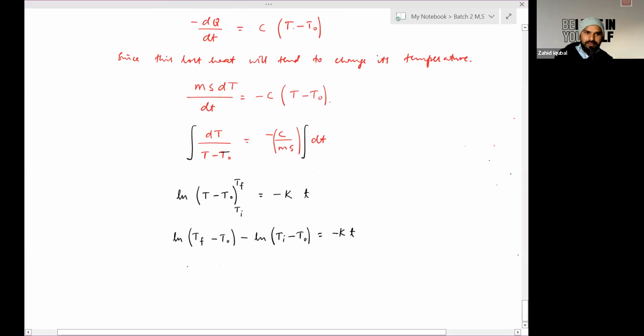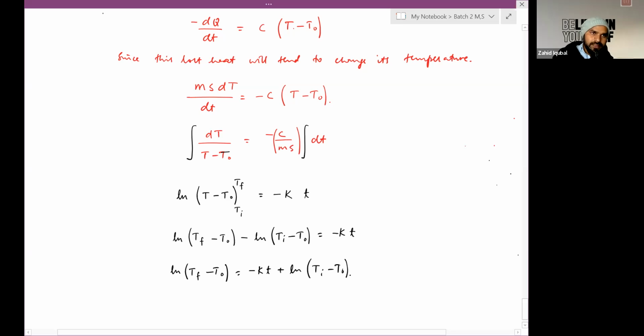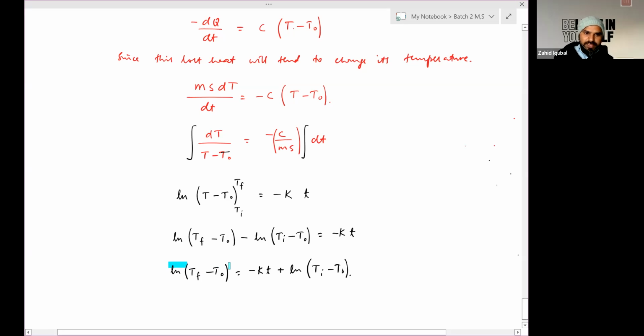So on further solving, you will say ln of final temperature equals minus K into t plus ln of T initial, this part. If you have to plot a graph related to this expression, this will be termed as y. This is a constant term, the initial temperature.